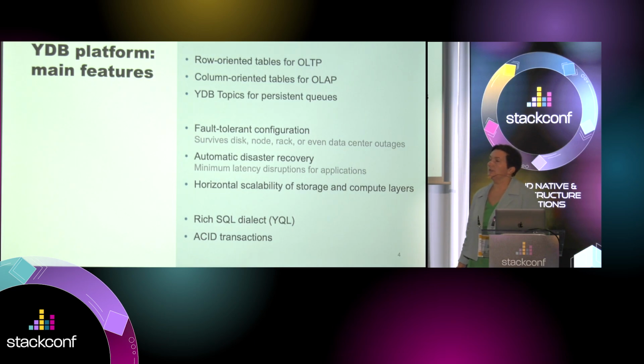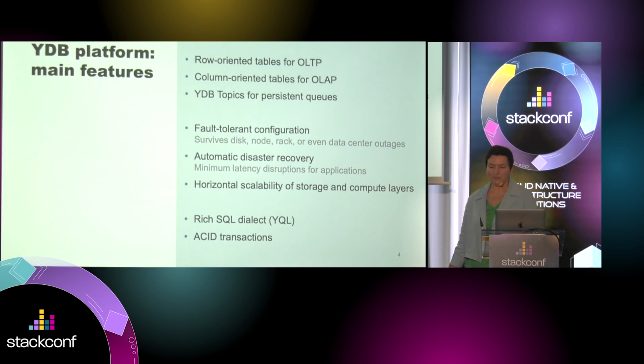YDB has a fault-tolerant configuration, which means it survives disk, node, rack, or even data center outages. And YDB can automatically recover after a disaster with minimum latency disruption for users. Also, we have independent horizontal scalability of storage and computational nodes, which means you can add nodes at runtime if necessary.